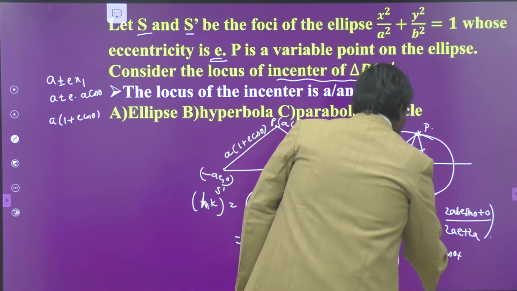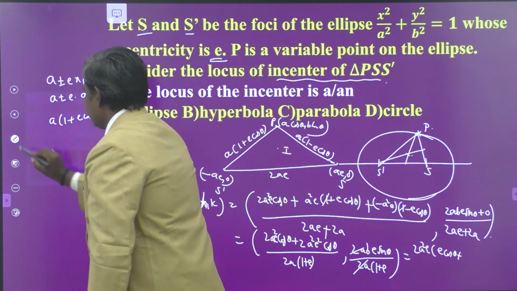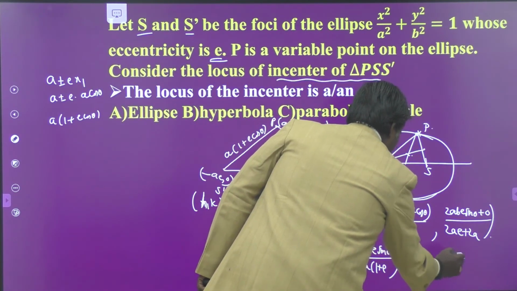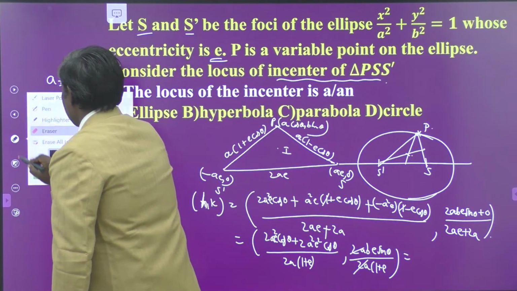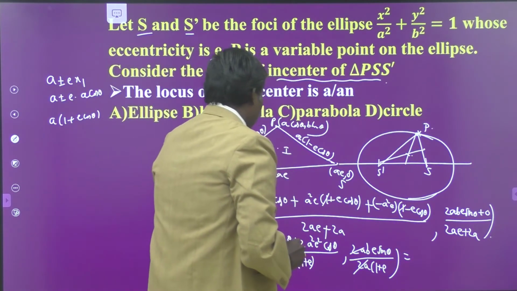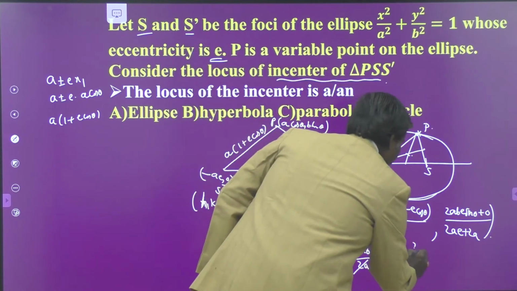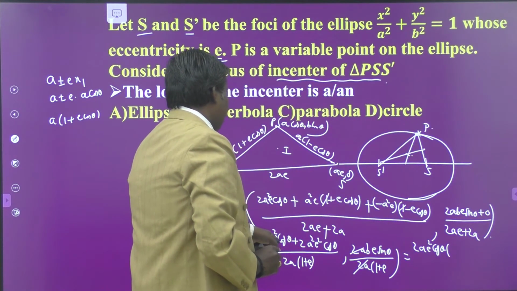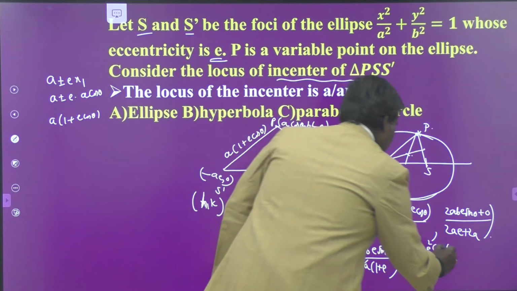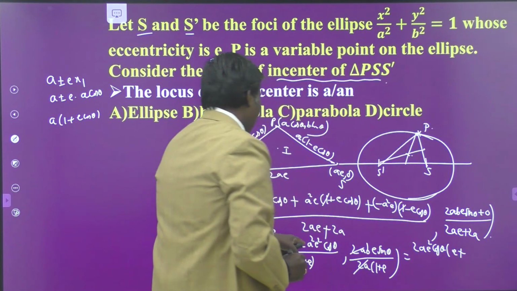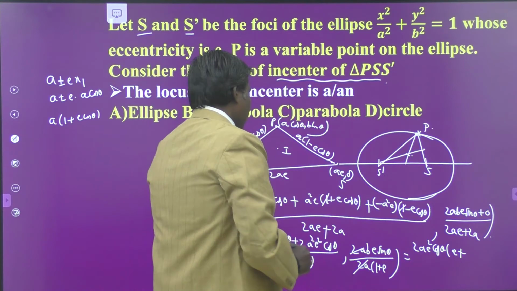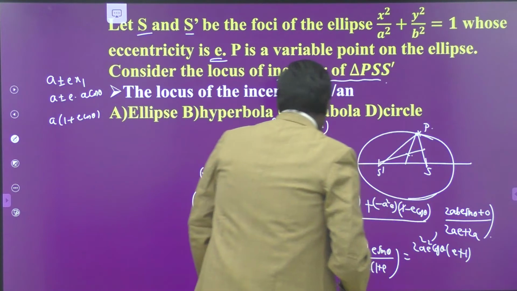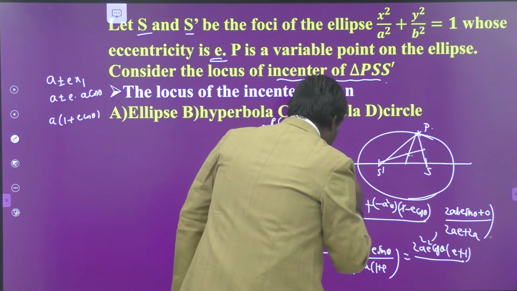Cos theta you may also take common. Here 2a e square cos theta into, what is the remaining here, e plus 1. 2a square e square. a square is also common. 2a square e square cos theta you may take common. e plus 1 by 2a into 1 plus e.